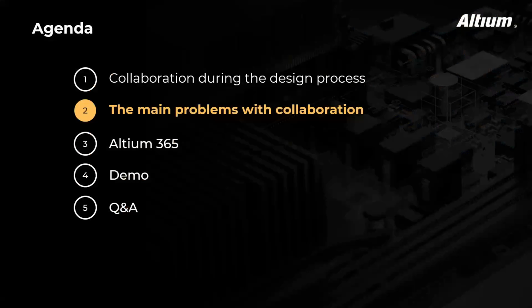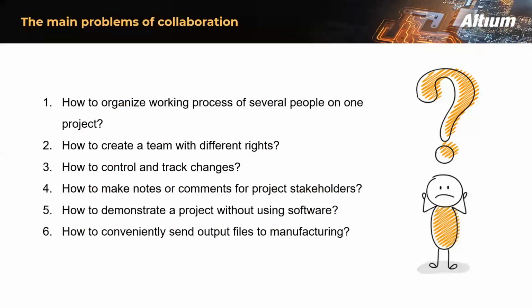Now let us focus on the main problems with collaboration. The first thing we need to ask is how should we organize the work of several people in one project?